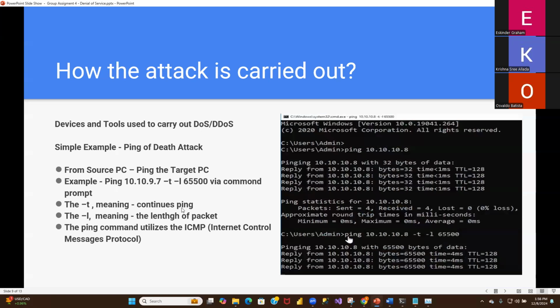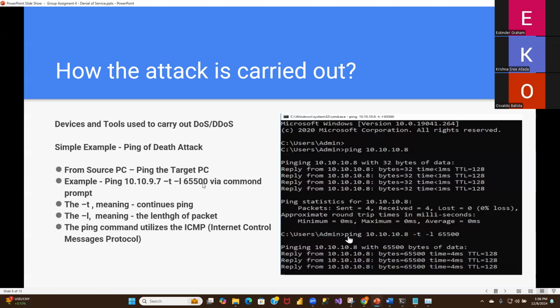From the source PC, for example, we're going to ping 10.10.9.7, where -t is continuous, and -l is the packet size.